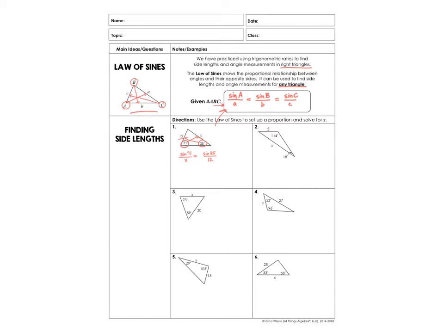So now we can cross multiply anytime we have a proportion. So we get sine 35 times x. So I'm just going to say x sine 35 equals the sine of 71 times 12, which is 12 sine 71. Now, as long as you can solve a one-step equation, you can solve this. We're trying to get x by itself, so we need to divide by sine 35.